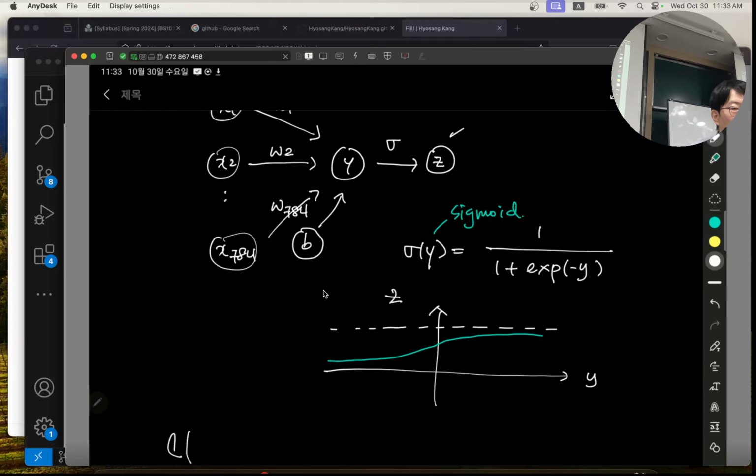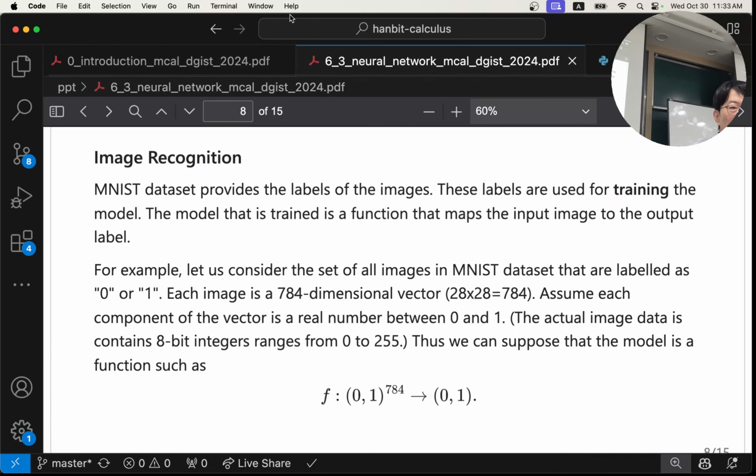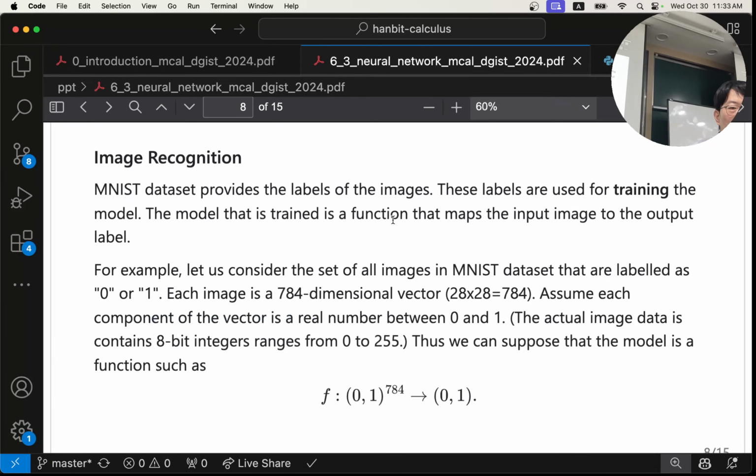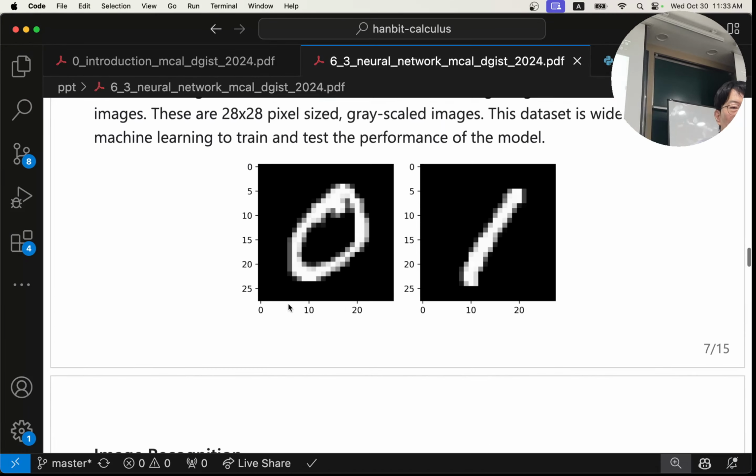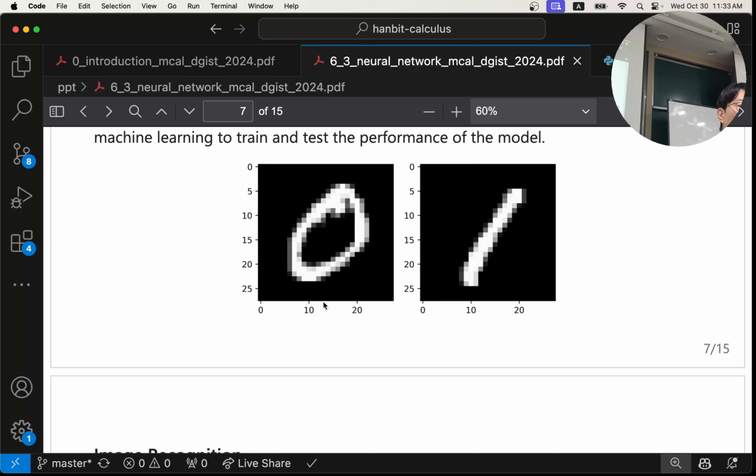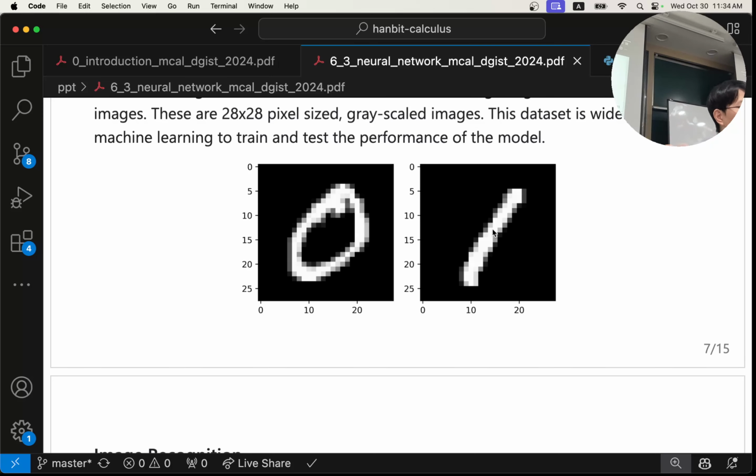Let's say you input an image of 0, then it has the label 0 as a number, and the image of 1 has the label 1. So you want to compare this label as a number with the prediction as a number and find the difference. You want to decrease the difference between answer and prediction.